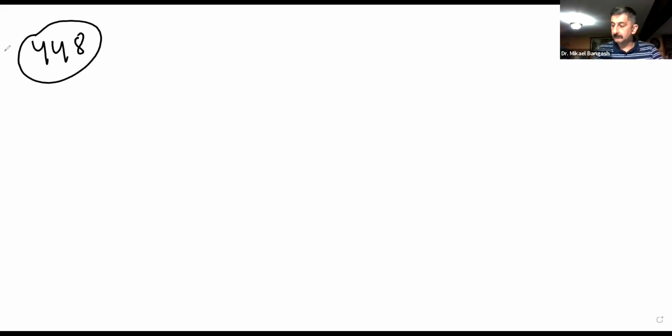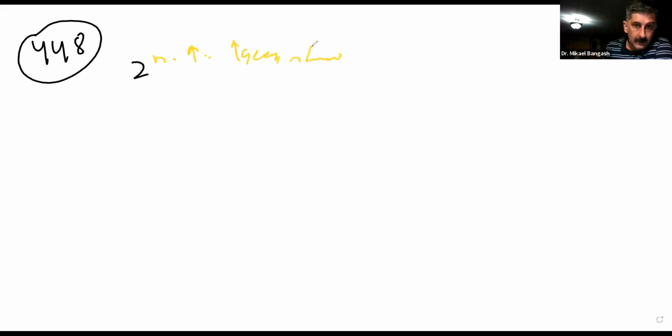Question number 448. The greater number of bits assigned to each pixel of a digital image, the greater the number of shades of gray that image has. And that's true. We calculate that by 2 raised to the power n, where the greater this number n is, the greater will be the gray shades, or we can say the greater the grayscale.